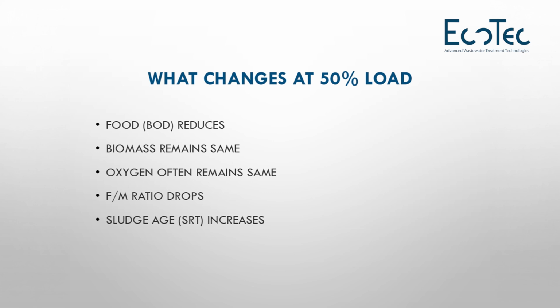So, what happens? The food to mass ratio drops, or it is not as per design values. Sludge age increases in suspended growth systems. Biofilms become thicker and older in MBBR systems. Biological balance is disturbed. This is a universal process logic.